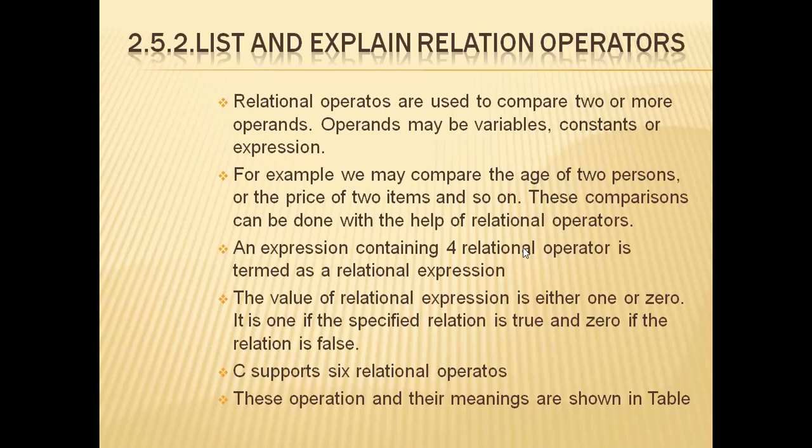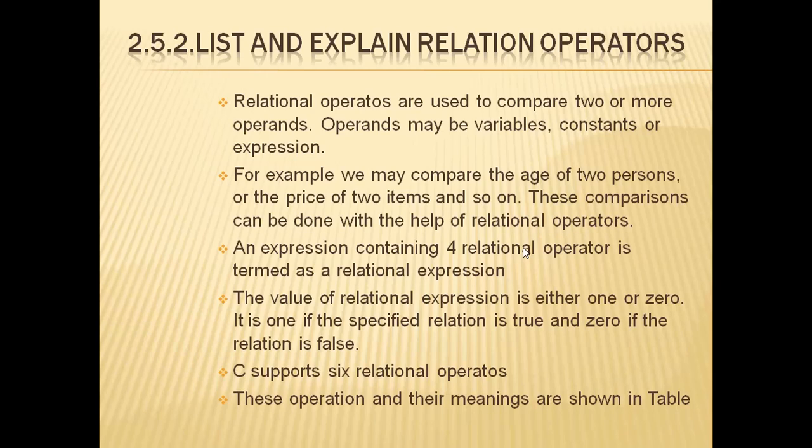An expression containing relational operators is termed a relational expression. If the expression has a relational operator, we call it a relational expression. The value of a relational expression is either 1 or 0.